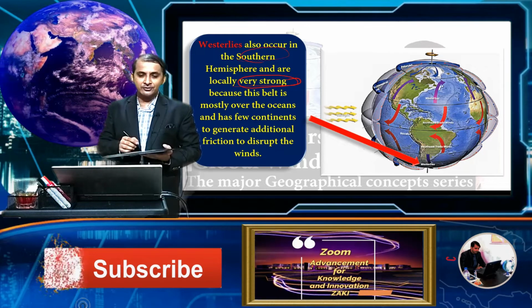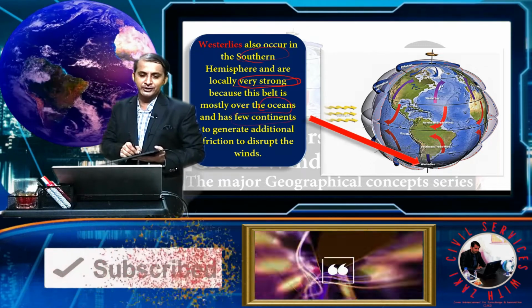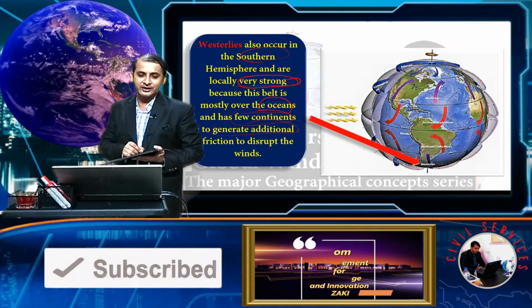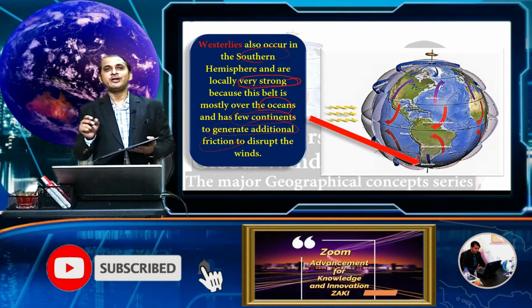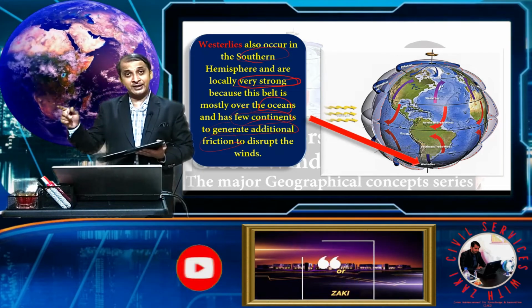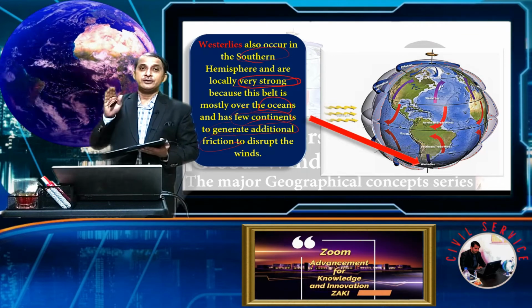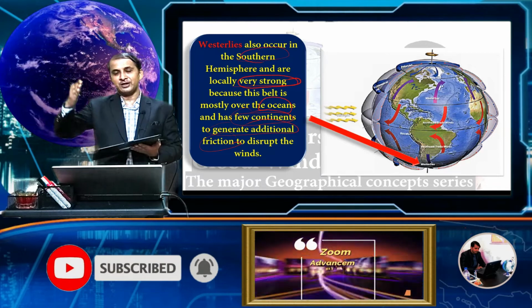So the westerly in the southern hemisphere is stronger than in the northern hemisphere. Why? Because, as you know, it is mostly over the ocean with few continents or islands, so there is less friction to disturb the wind.